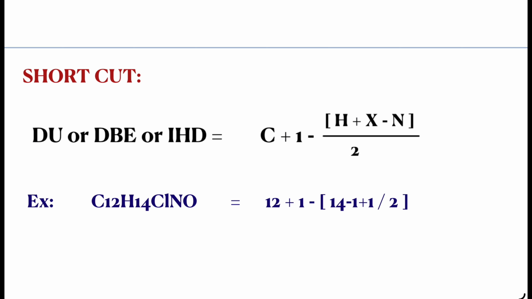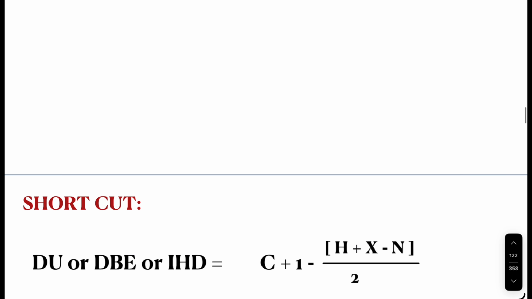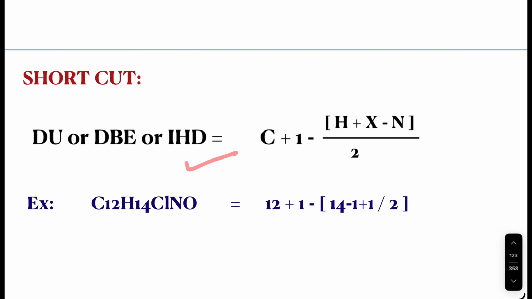How to find degree of unsaturation? We discussed the procedure. This is the shortcut, this is the trick you have to follow. And how to apply it: there are 12 carbon atoms, therefore 12 plus 1, number of carbons plus 1, minus 14 hydrogens, and the number of nitrogens. Here there is one nitrogen, therefore minus 1, and there is one halogen, therefore plus 1, divided by 2. The number of oxygens will not disturb.